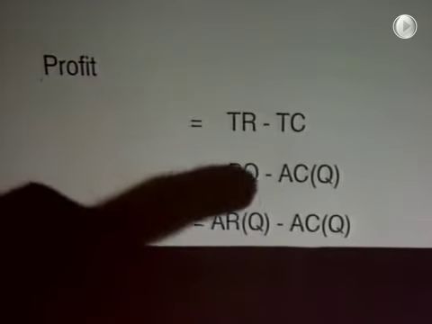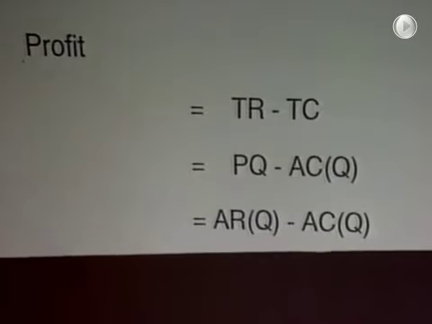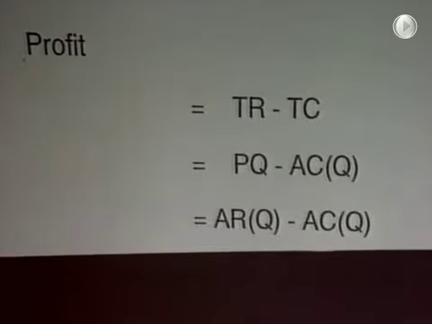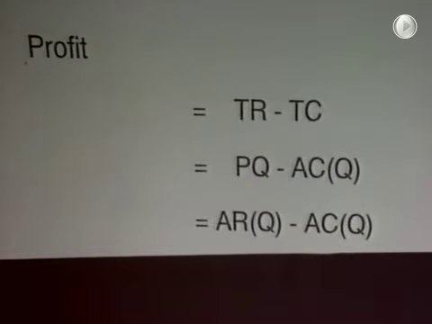Total revenue is simply given by the price that the firm charges times the quantity that it manages to sell, which is effectively the average revenue of the firm times quantity minus the average cost to the firm of producing that quantity.